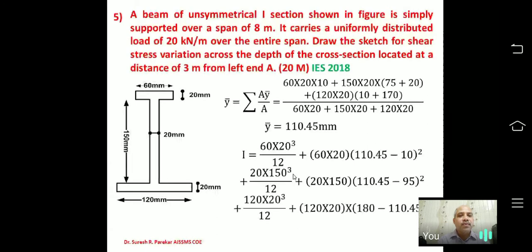Then plus the bottom flange, 120 into 20 cube by 12 plus 120 into 20 into (180 minus 110.45) square, where Y3 is 10 plus 170. That gives me the value of I, that is I equal to 30.17 into 10 raised to 6 millimeter to the power 4.